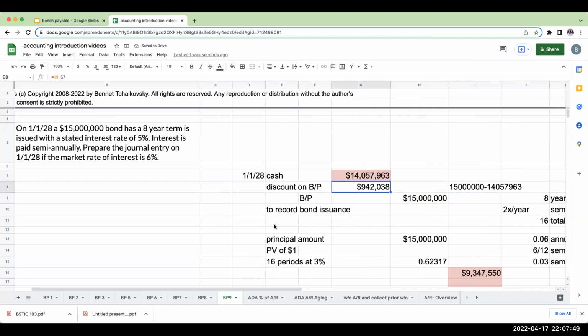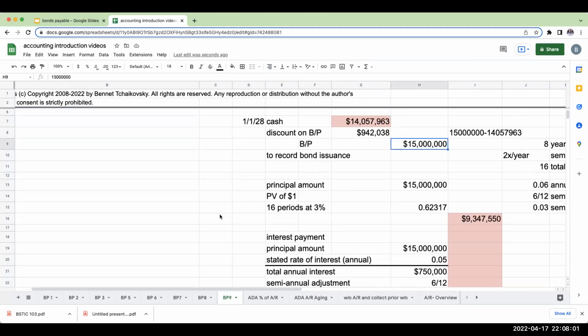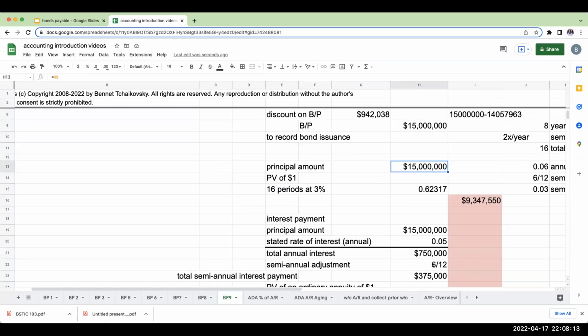So again, when we have a semi-annual interest rate with bonds, first thing you do, write out the journal entry, show the bond payable at the face amount. Second thing you're going to do is figure out the amount of cash that's being paid. Remember, it's an interest-only loan. I'm going to pay the principal amount, and then I'm also going to have to figure out my interest.